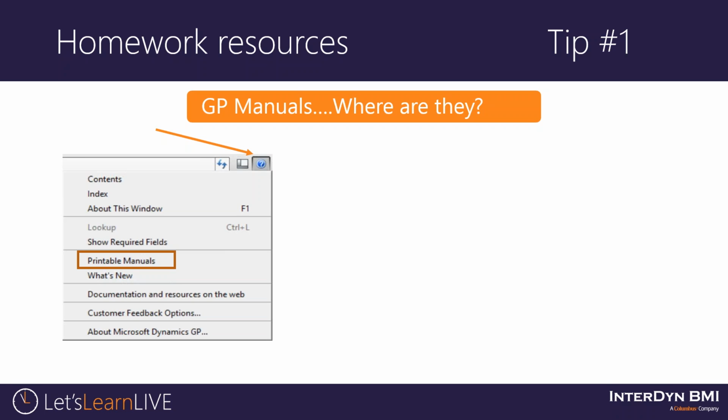So, did you know that GP ships with manuals still? Those manuals are a part of what you get in your GP installation. Now every single manual is not included. Some of the additional higher level ones like manufacturing and project accounting are not included in there, but the basic printable manuals are available for you.